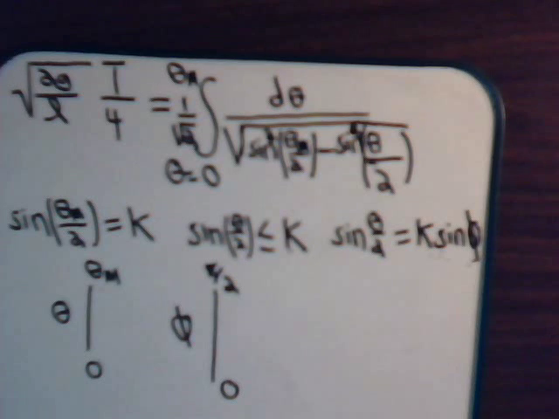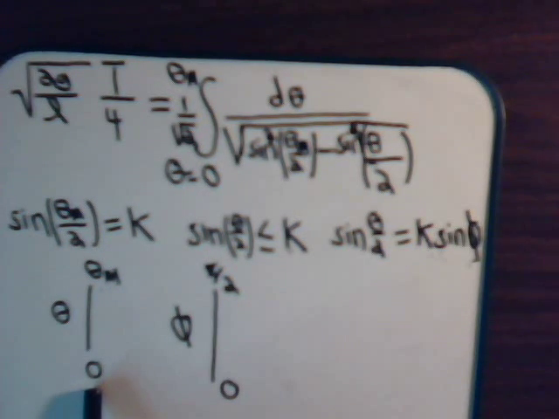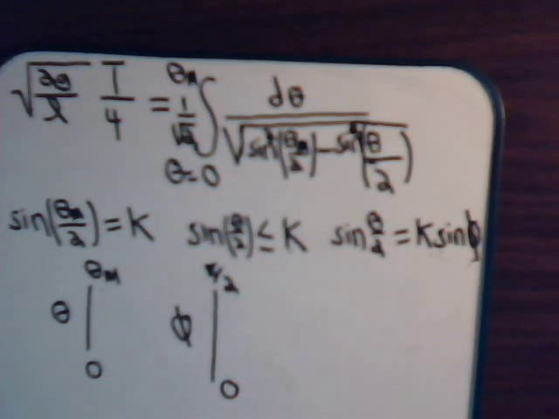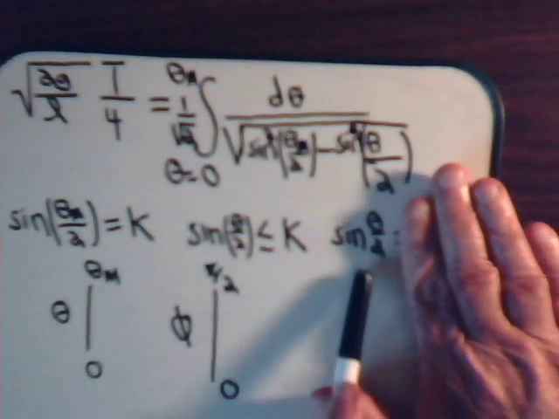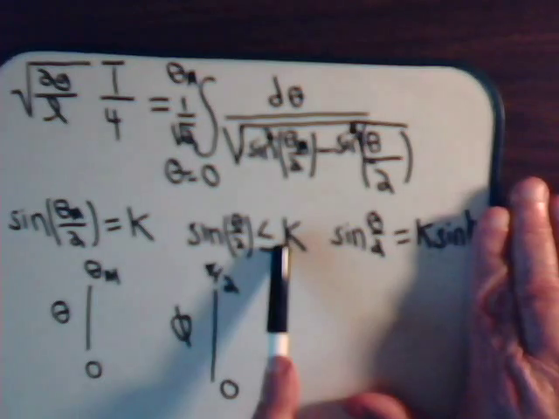Let's just review that one more time. Theta goes from 0 to theta m. When theta is 0, the sine of 0 is 0. This is going to be 0. When we have theta m, then this is now theta m over 2, which is k.